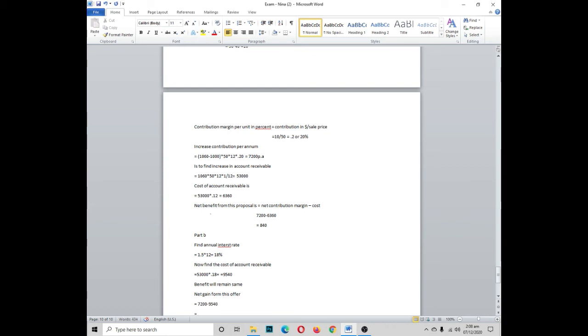The answer is negative 2,340. So option B is not feasible for the company. If the interest rate per month is 1.5% in the market, then the company cannot take this initiative.